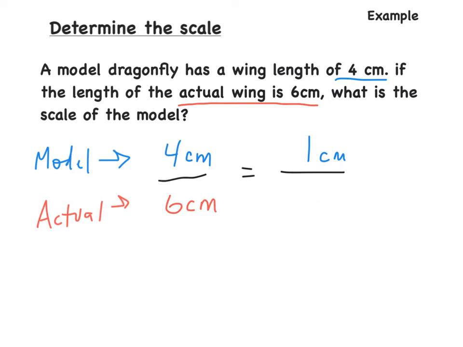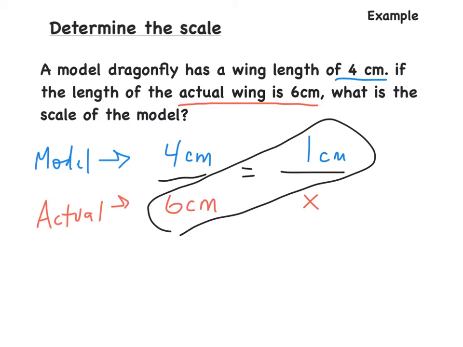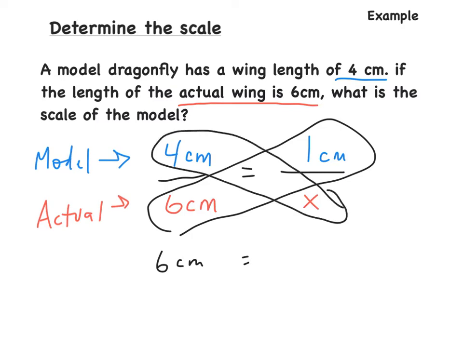So we're going to solve for x. Remember, what's the easiest way that we could do it? We could just set it up as the butterfly method. So 6 centimeters times 1 centimeter would be 6 times 4x. Remember, we need to get x by itself. So the opposite of multiplying by 4 is to divide by 4.